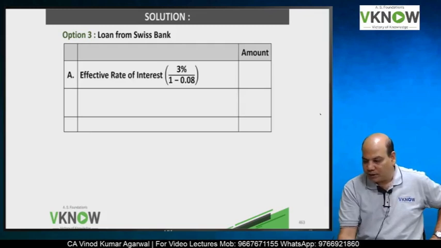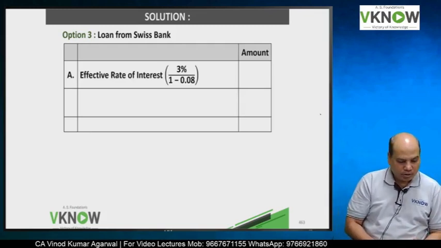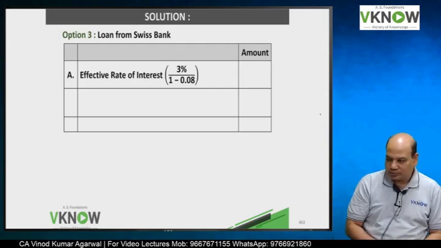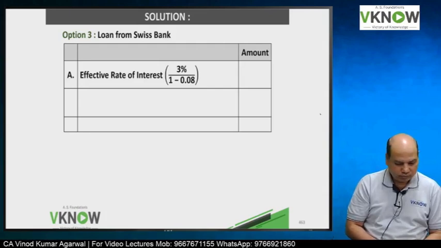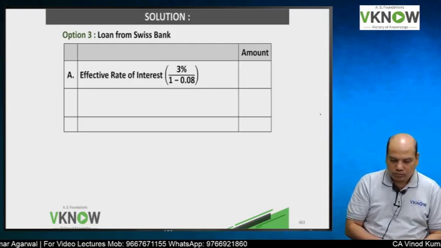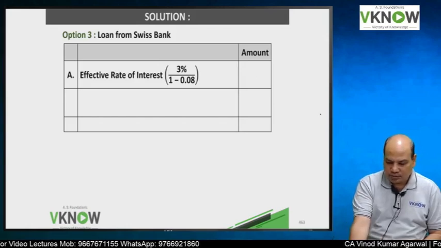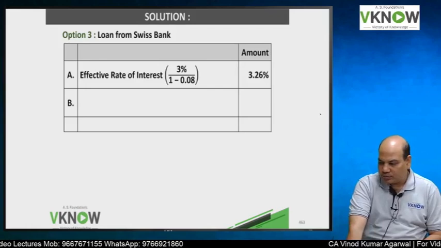First, point A, effective rate of interest here will be 3% divided by 92%, which is 3.26.